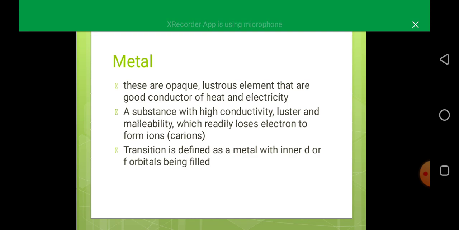So we can differentiate transition metals from the other metals of group 1 and 2 by the d orbital being filled up.